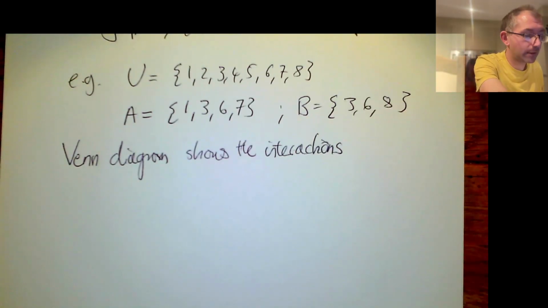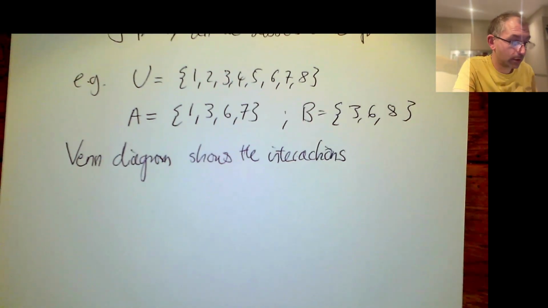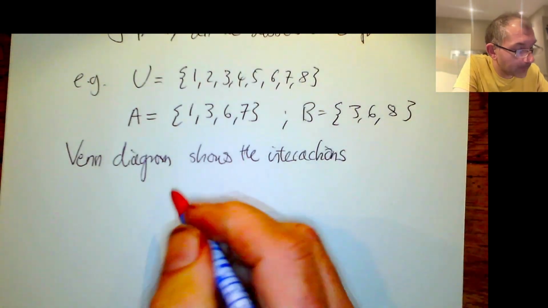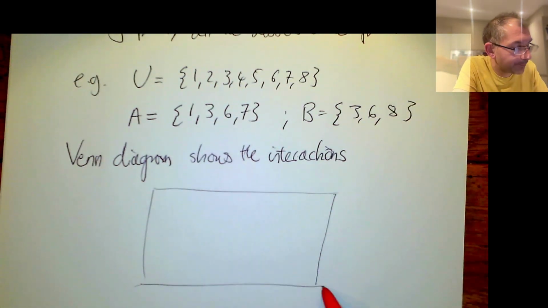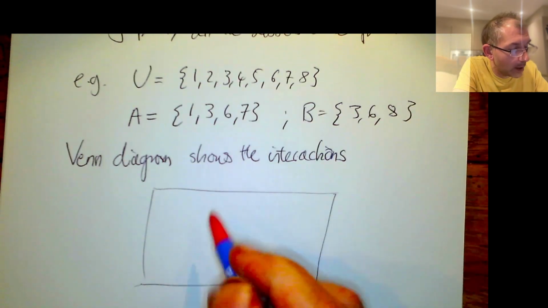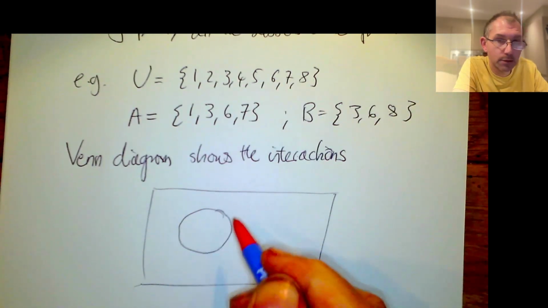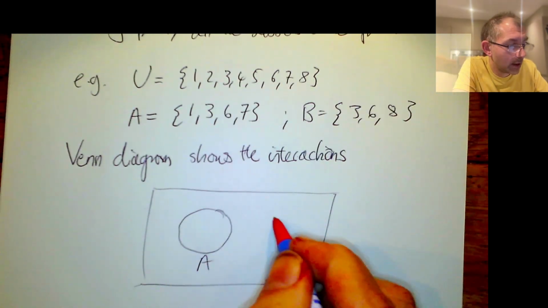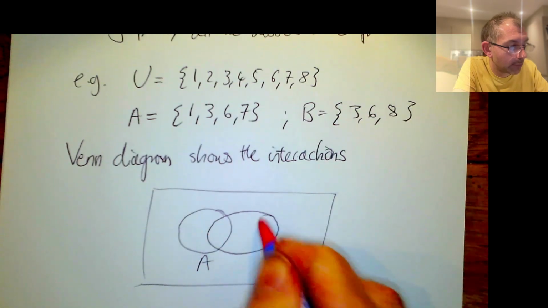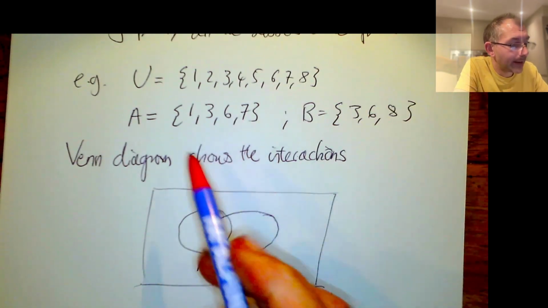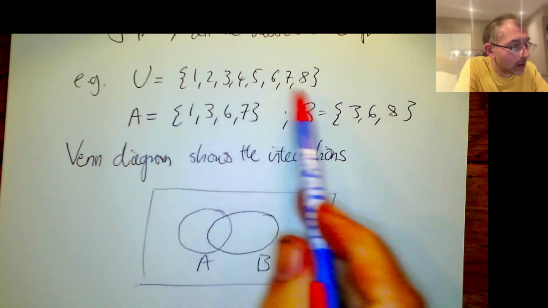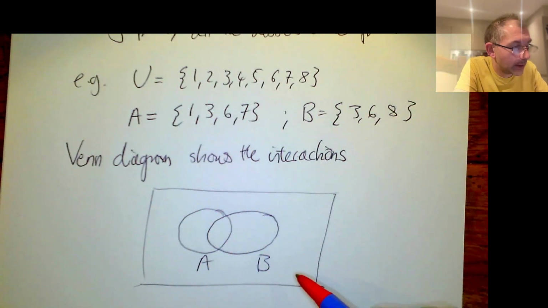It is far easier to just show you what happens. So this is going to be my universal set, U, and I'm going to take a shape that's going to represent A, and I'm going to have a shape that represents B, and they're going to overlap a bit. And then I'm going to put these elements in the places that they should be.